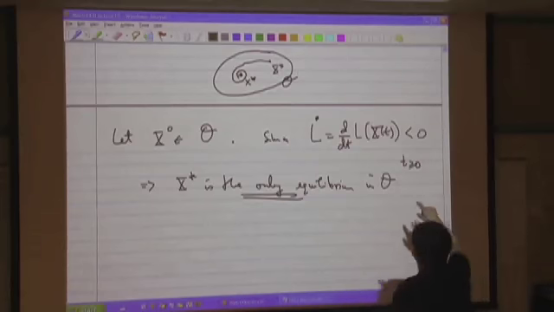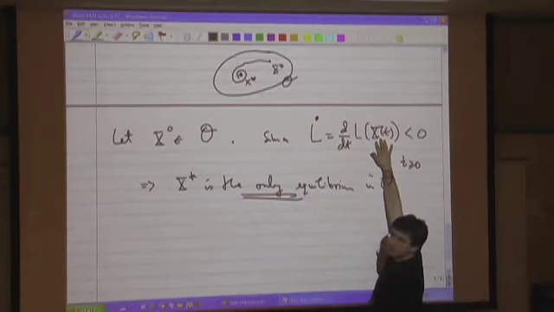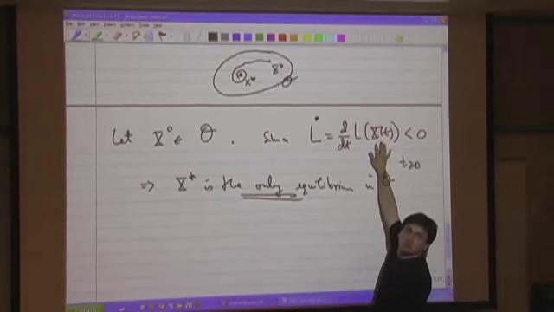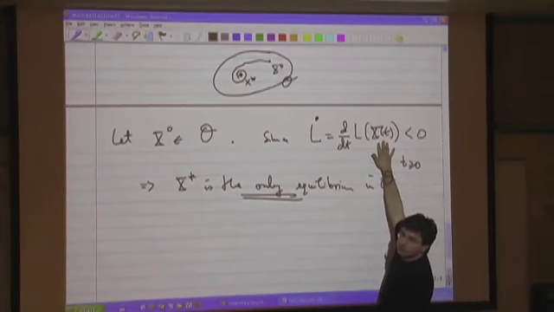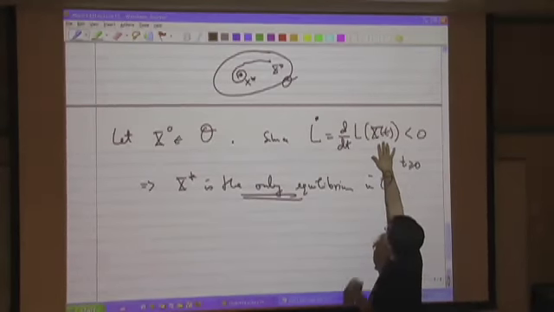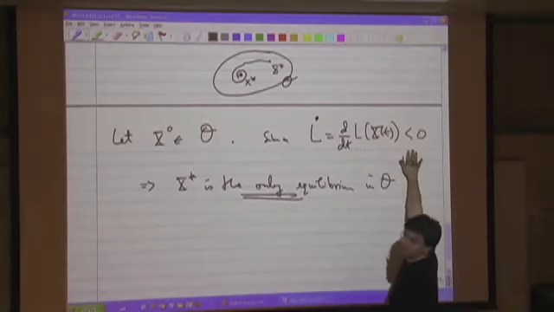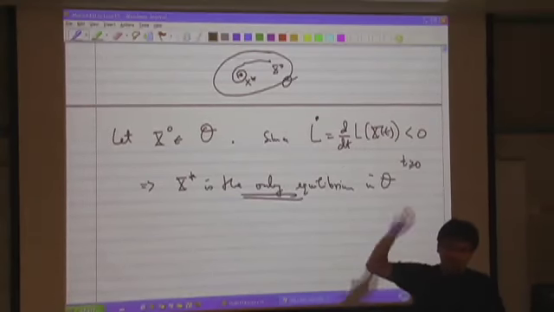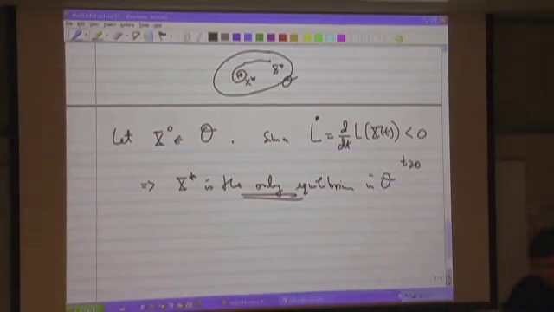Why not? Because if there were an equilibrium, this would be independent of time, starting at that initial condition, so the derivative would be 0.